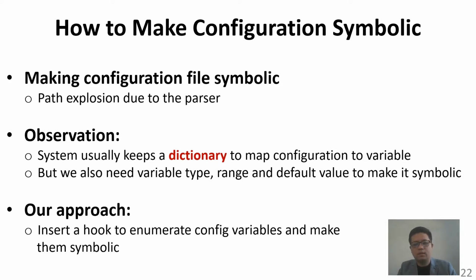We found that the system usually keeps a dictionary to map the configuration to a variable, which helps identify the program's variable corresponding to a parameter. But we also need to know other information like type, ranges, and default values. We take a simple approach that inserts a hook function to iterate through the dictionary and make the variable symbolic.